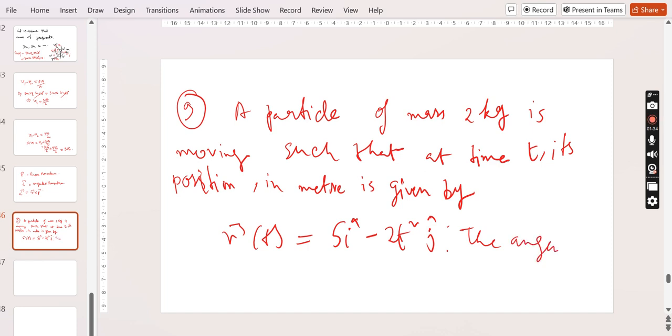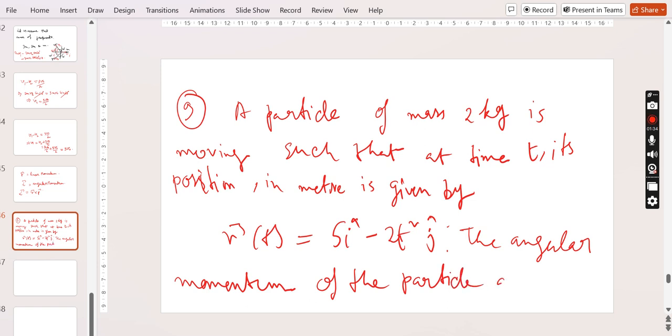The angular momentum of the particle at t equal to 2 seconds about the origin, in kg meters squared per second, is?